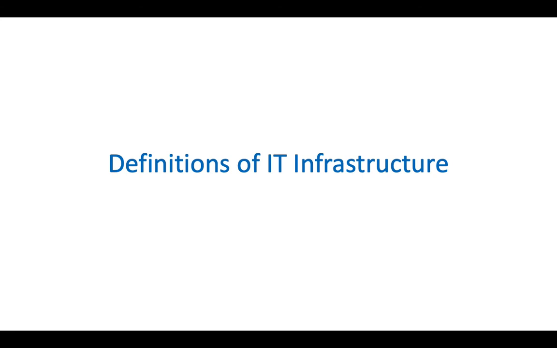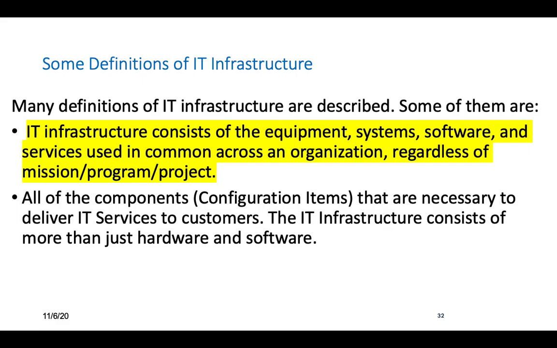The definitions: I do not recommend you memorize many definitions. Just one definition of infrastructure is enough for us. What is infrastructure? The cost, the equipment, software, hardware, and services involved. I believe that's an easy concept.